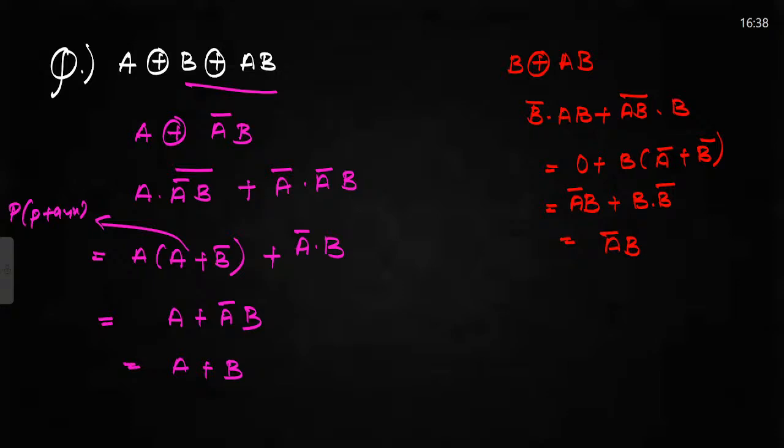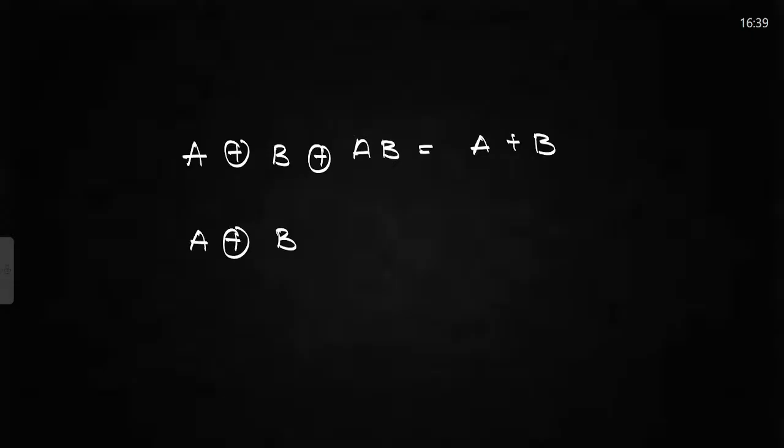So there is one important formula you can derive from this. If you are given A XOR B XOR AB, then you will get A plus B. And by the exchange property of XOR and XNOR, you can write this as A plus B equal to AB.